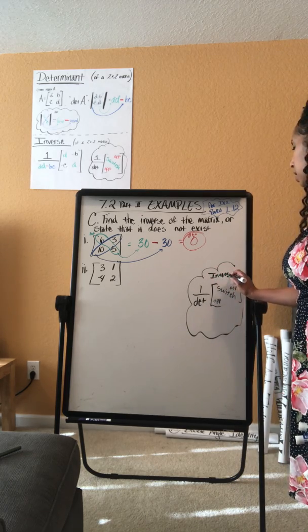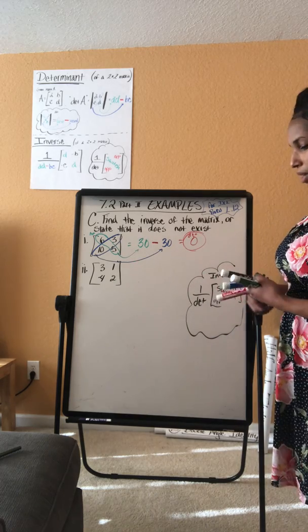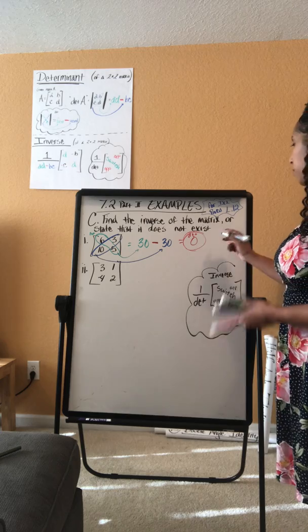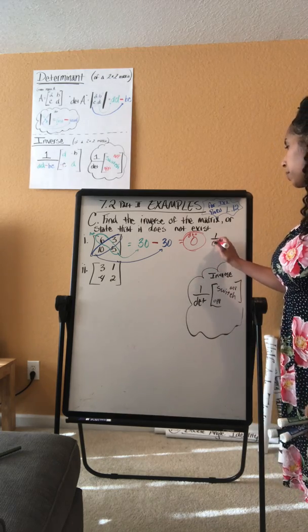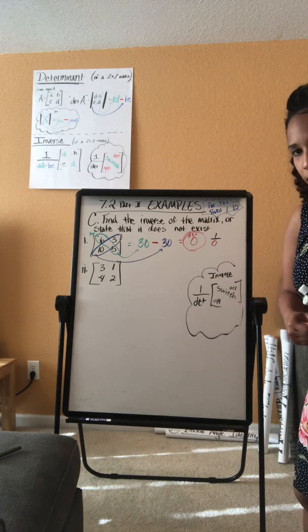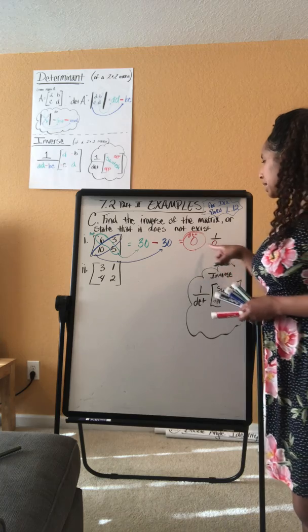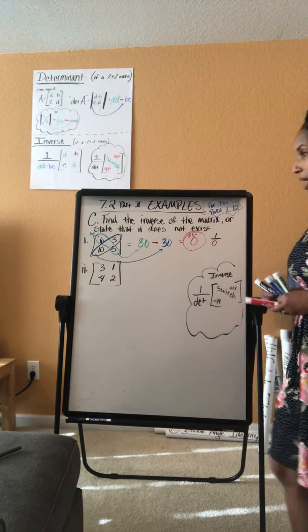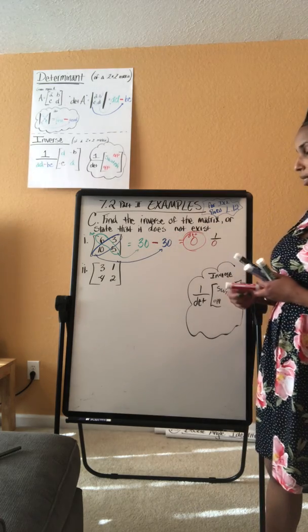So here's the thing. I didn't leave a lot of space for C1. That is because when I try to put it in the formula to find the inverse, I would have 1 over the determinant, and the determinant is 0, right? I can't have a 0 in the denominator. So whenever the determinant is 0, I don't even have to bother with the rest. The inverse does not exist. That's why they put does not exist as an option.